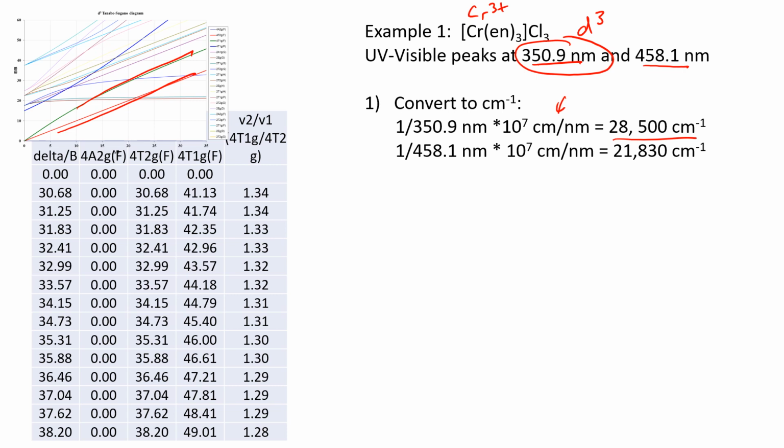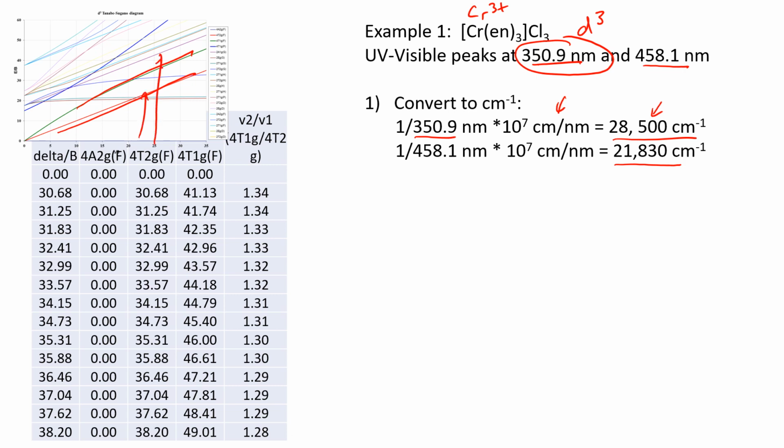It's usually in the tens of thousands of inverse centimeters for these optical transitions. So we convert the lower wavelength, higher frequency, to get a higher energy transition, and then do the same for the 458 nanometer transition, giving us 21,000. Okay, 28,500 and 21,800 are the 2 values that we're about to use.